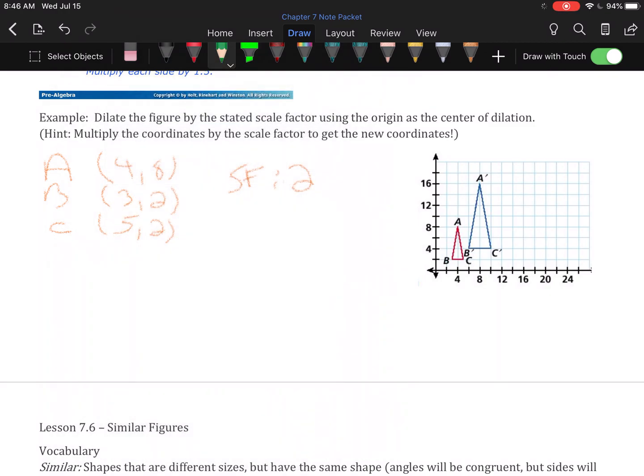Because the origin is the center of dilation, that means multiply all the coordinates by the scale factor. So to get A prime, B prime, and C prime, we would multiply everything by 2. So A would move to 8, 16, B would move to 6, 4, and C would move to 5, 2.